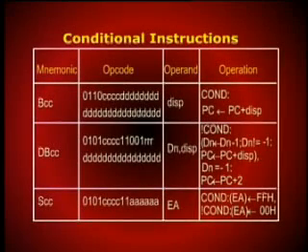The next table indicates the conditional instructions, and we have Bcc, DBcc, and Scc, and the operation just shows that if the condition is fulfilled, then we have a displacement operand which is a part of the instruction, and the PC would be updated by a displacement figure or otherwise by 2 or 4 depending upon the corresponding data available in the instruction.